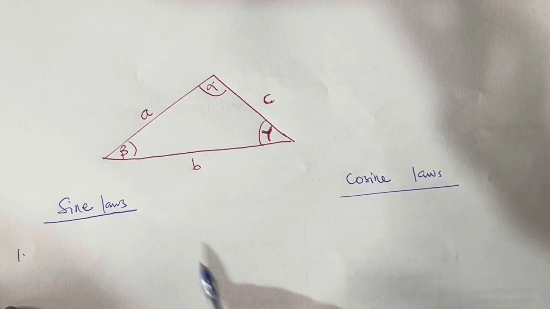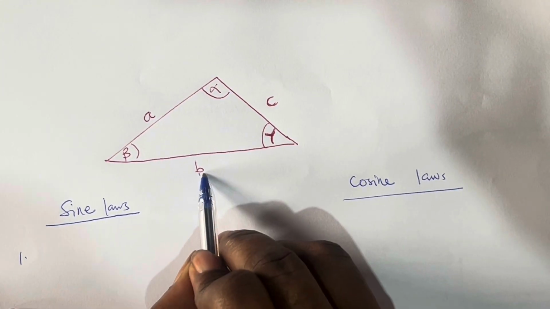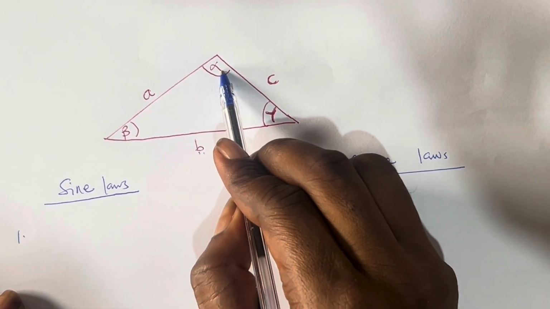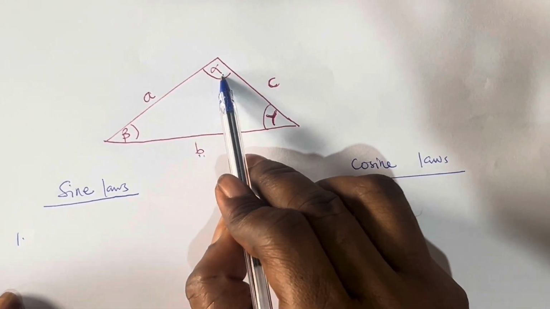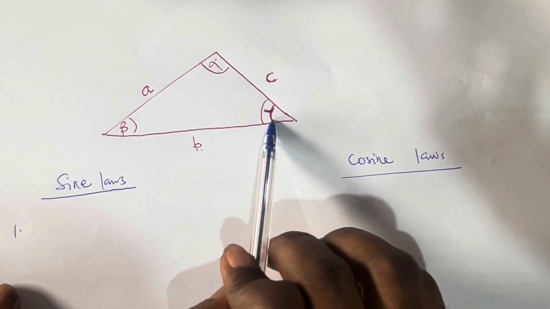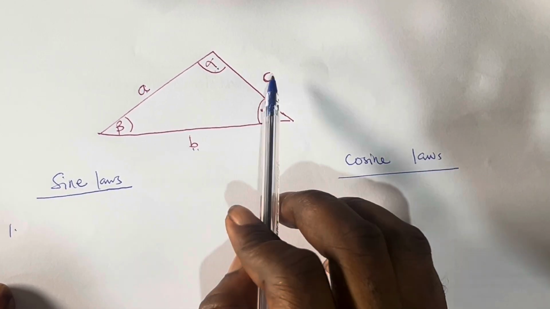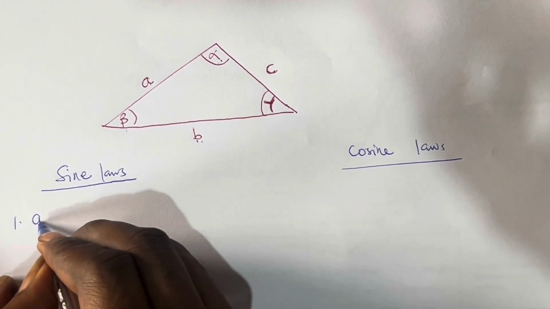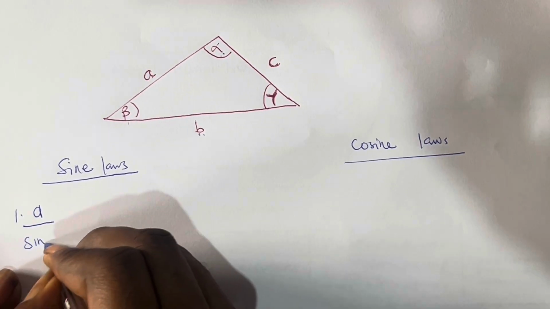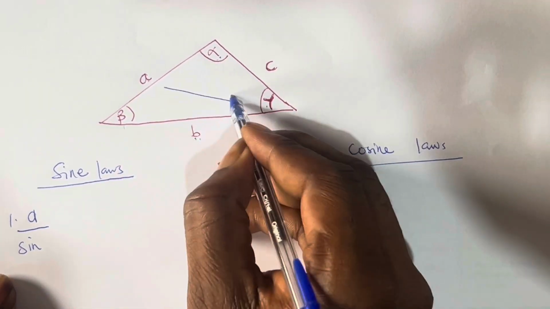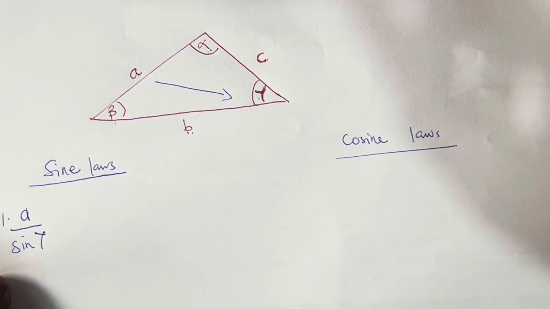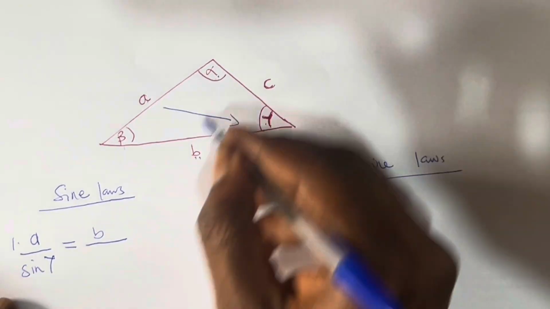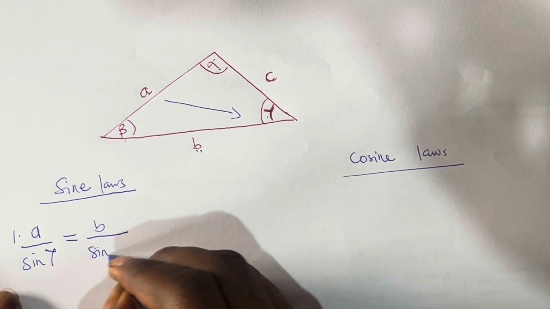When I pick a side of the triangle, I divide it by the sine of the opposite angle inside the triangle. So when I pick A, I divide it by the sine of gamma, because that is the opposite angle. Sine of gamma is equal to, when I pick B, I divide it by the sine of the opposite angle, which is sine alpha.